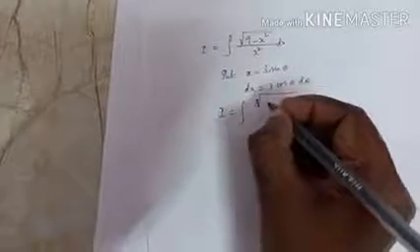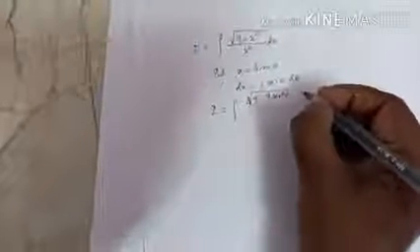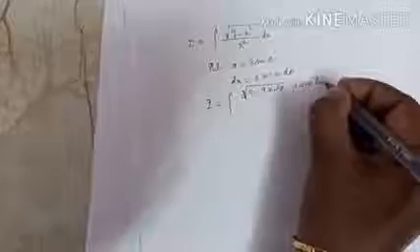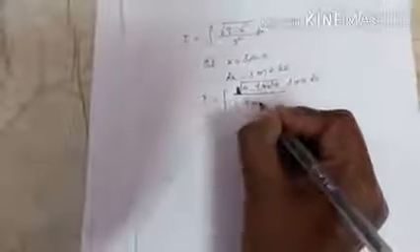I is equal to integral root of 9 minus 9 sin square theta, and dx is 3 cos theta d theta, whole divided by x square, which is 9 sin square theta. Okay.